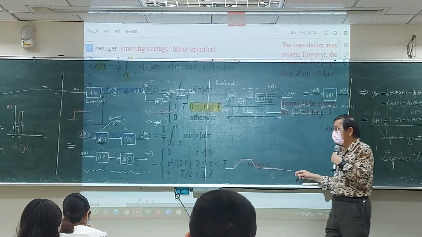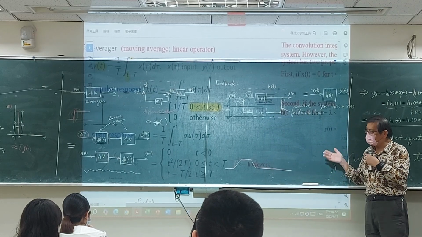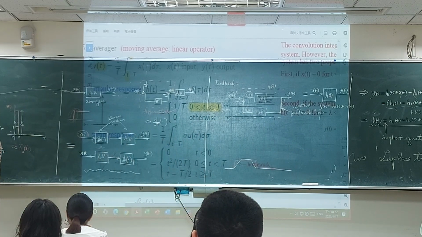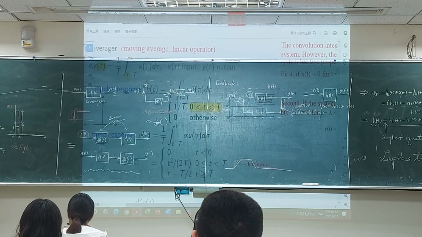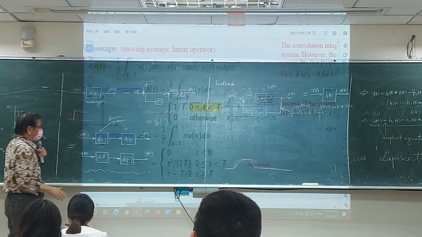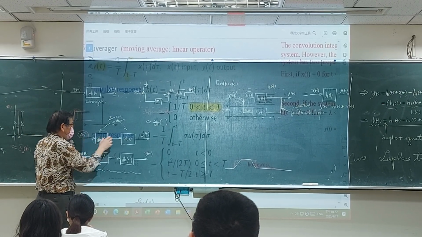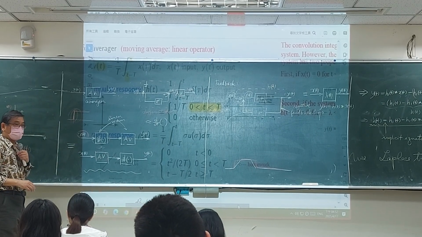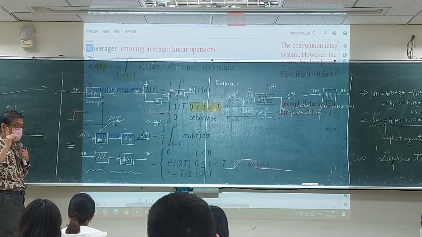Okay? So that is the way we generate the impulse response of a moving average, or average. Got it? Okay, clear? Is that clear?